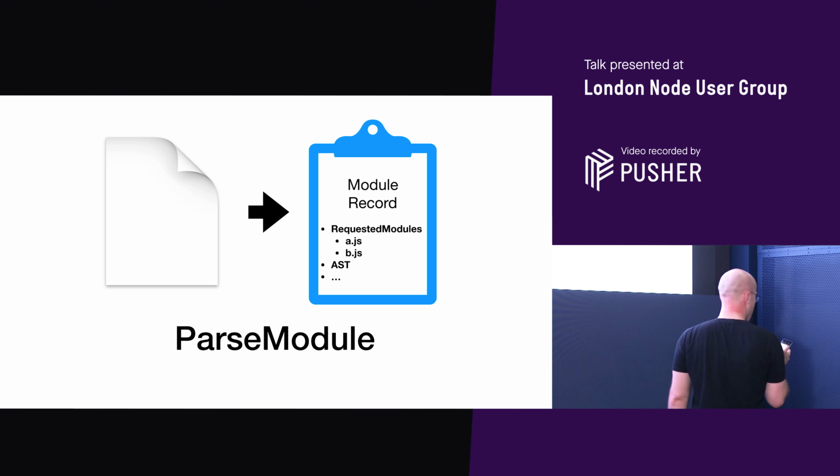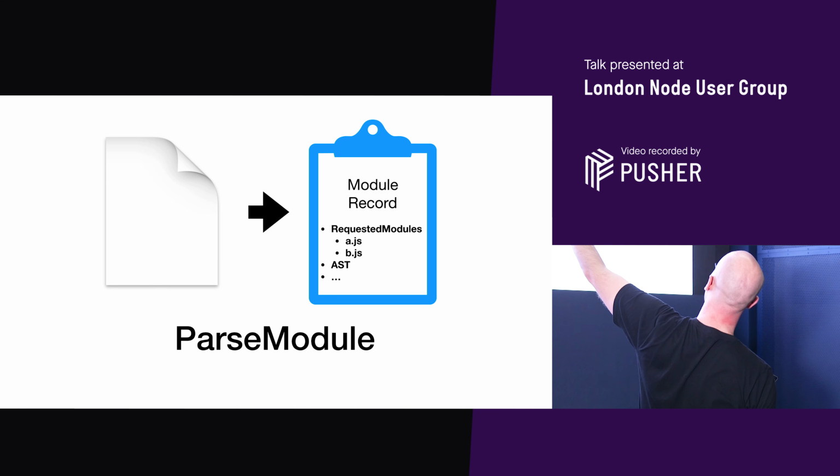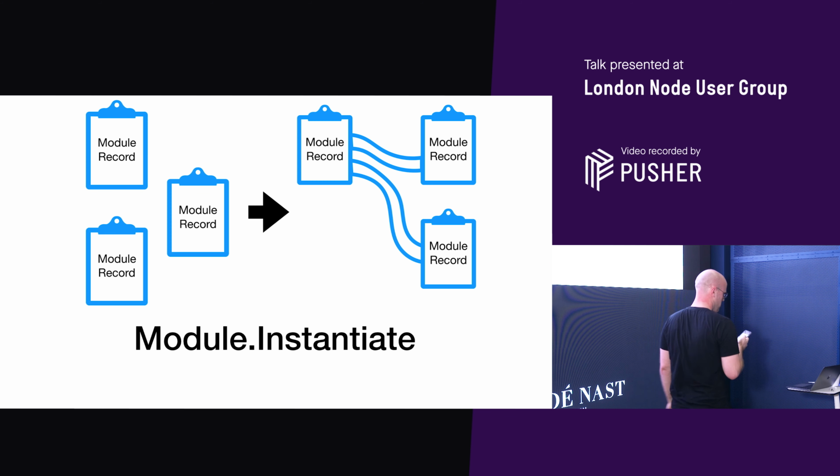It'd be great. First one, parse module. This is going from some file somewhere, you get an AST, shout out to Ed, ASTs, plus a load of other metadata. We'll get back to that in a sec. You also have module.instantiate.